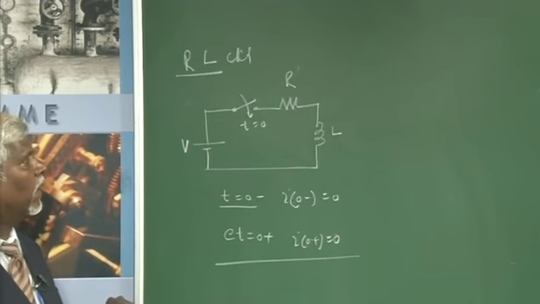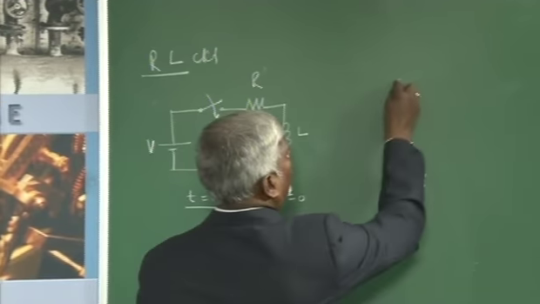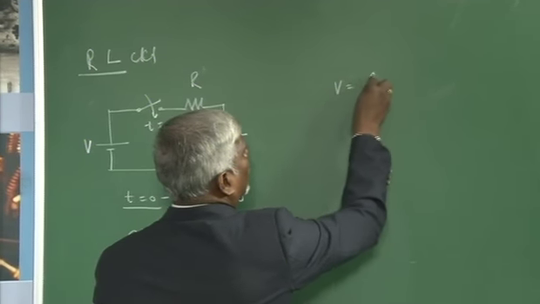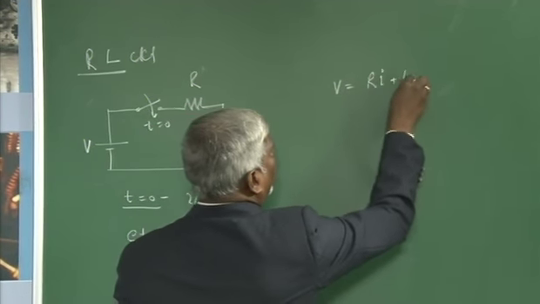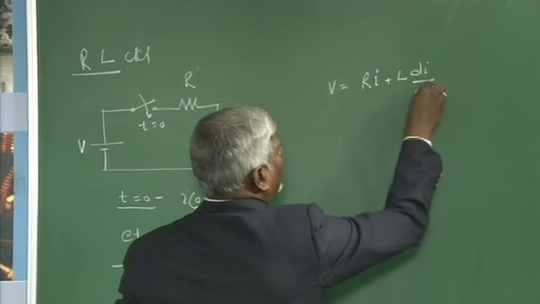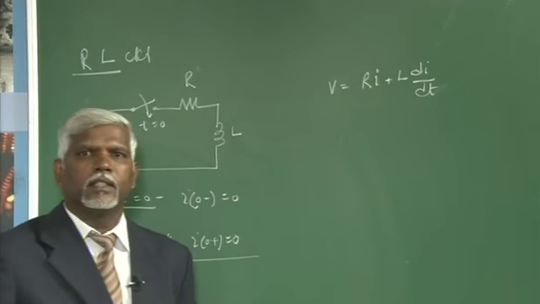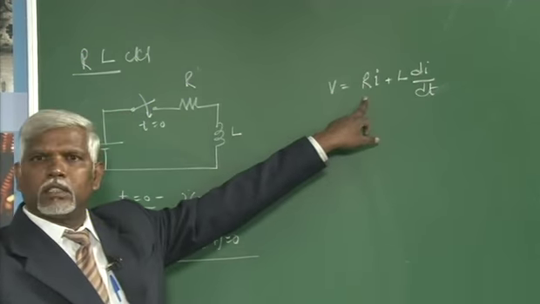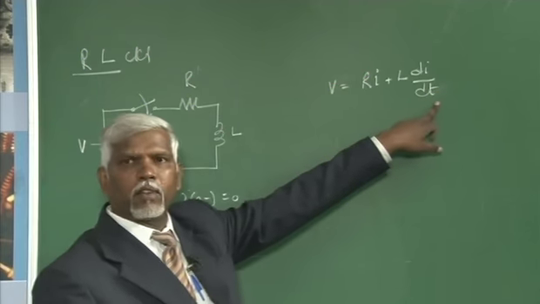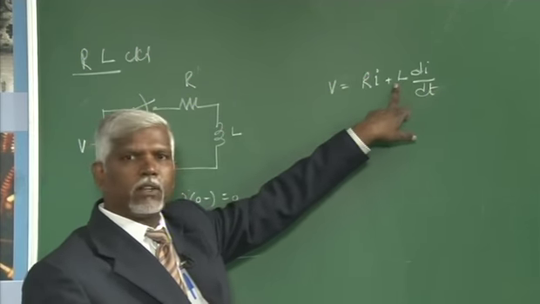With this knowledge, we will write the general integro-differential equation after switching. V is equal to R into I plus L di by dt. Once you write the general expression, get this to the standard form, which means the coefficient of your derivative should be 1.